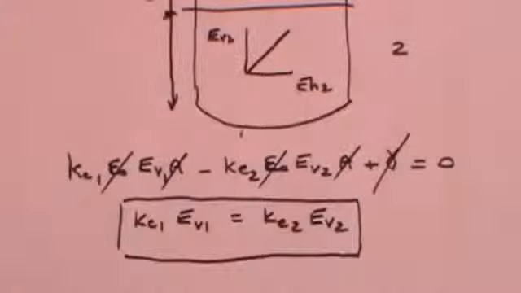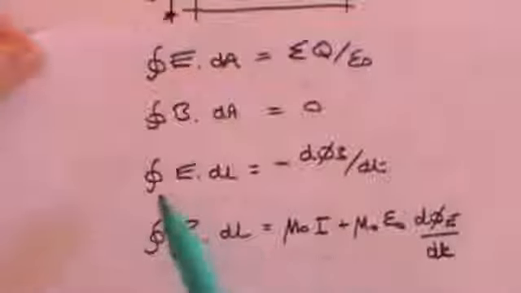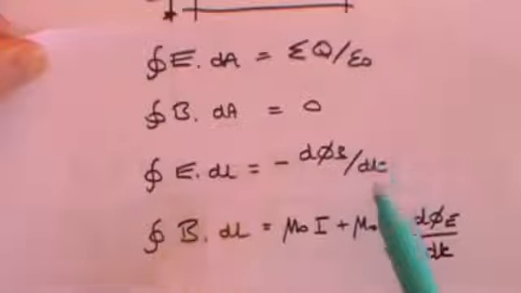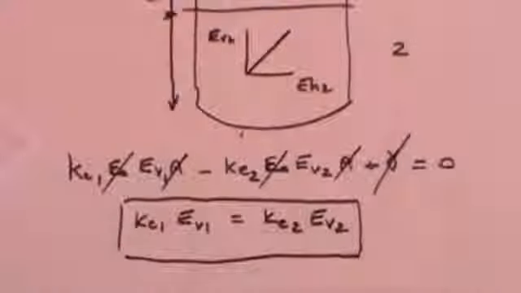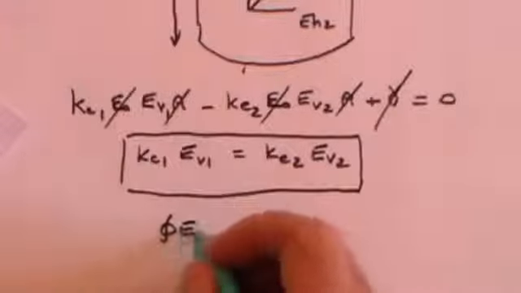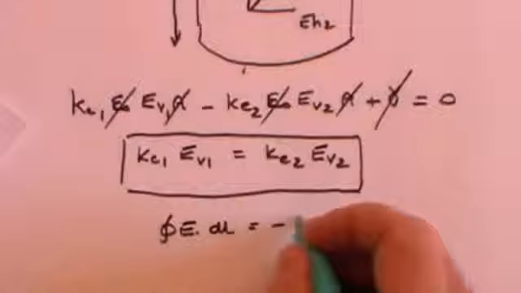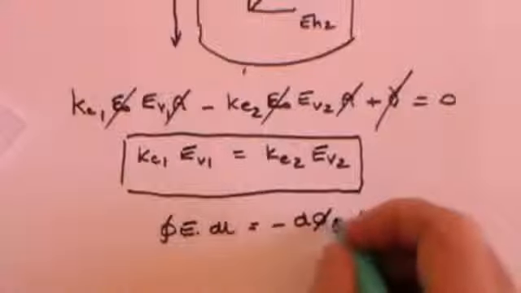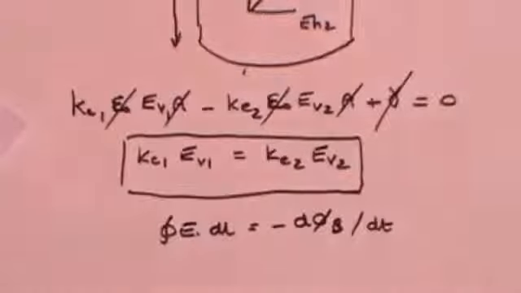Now I want to stick with E fields for the moment, so we're going to look at the third Maxwell equation, which is the E dot dl term. So that's the integral of E dot dl is equal to minus d phi b, that is the magnetic flux, dt.